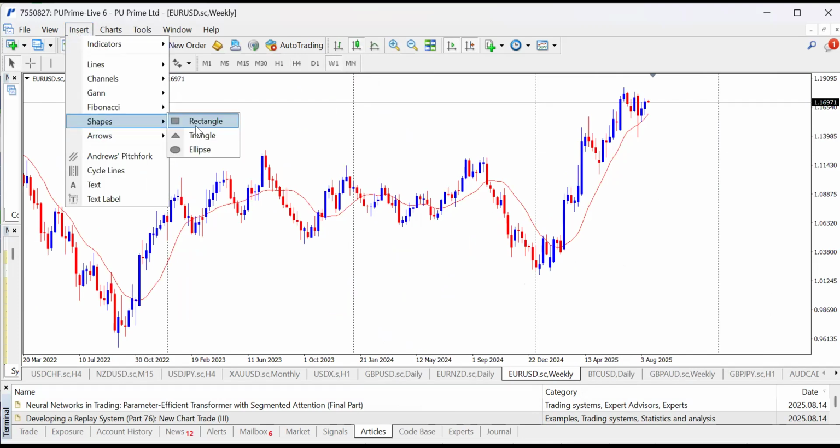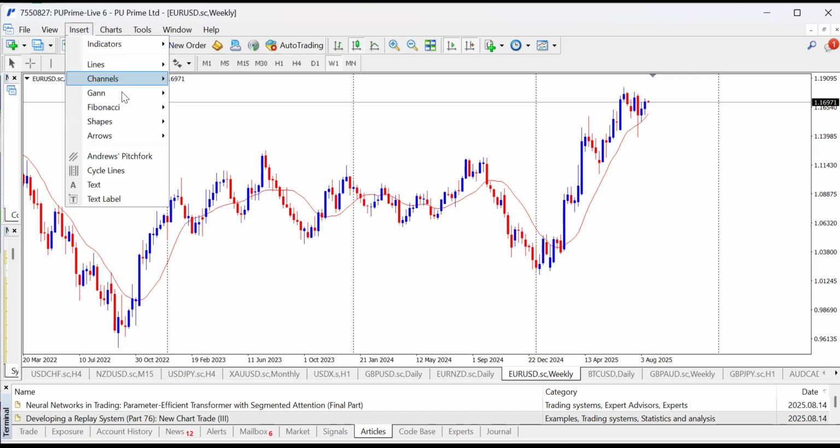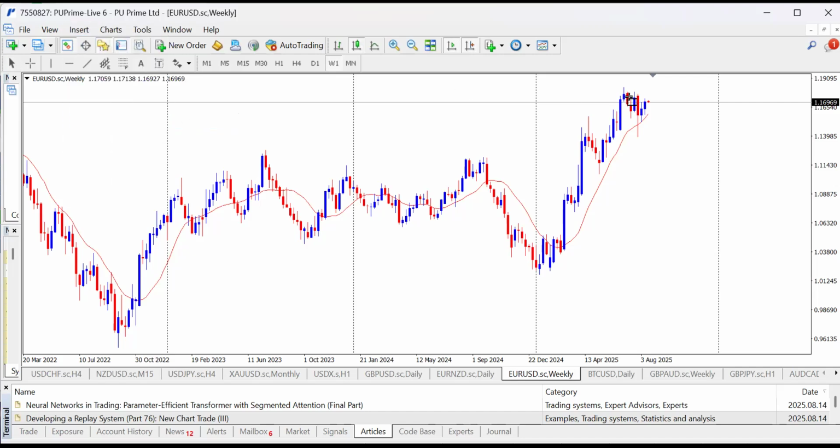So weekly time frame, right? Market rejected this high. So the market rejected this high, right? And the market rejected this high. Oh, sorry, no high here. I think it's here.